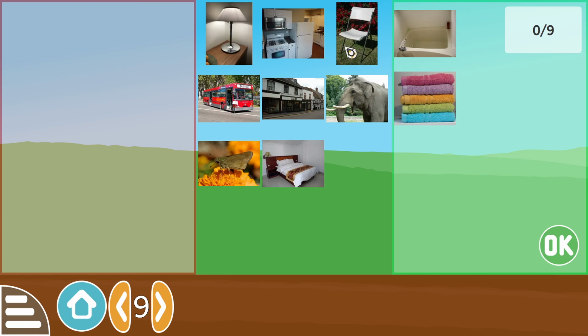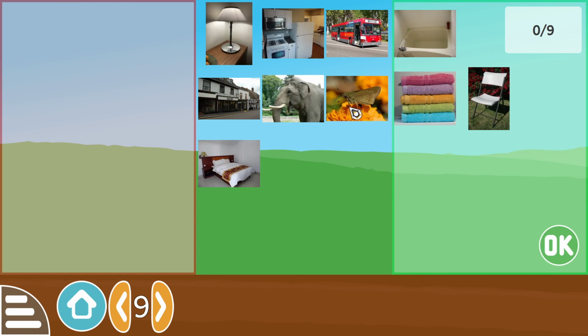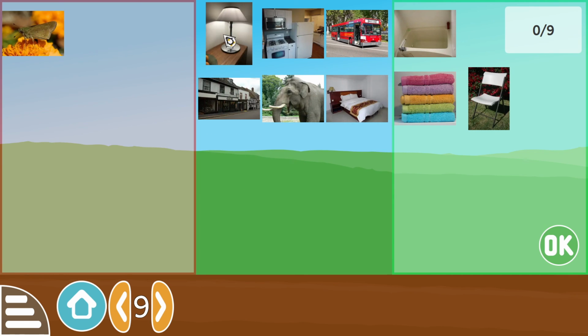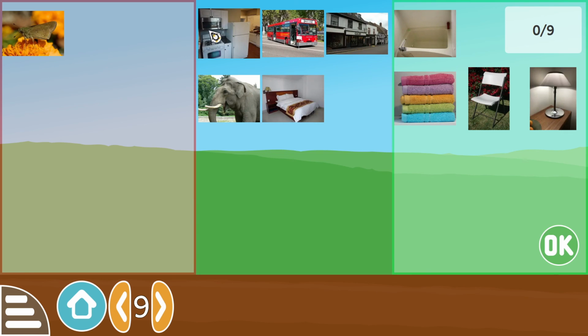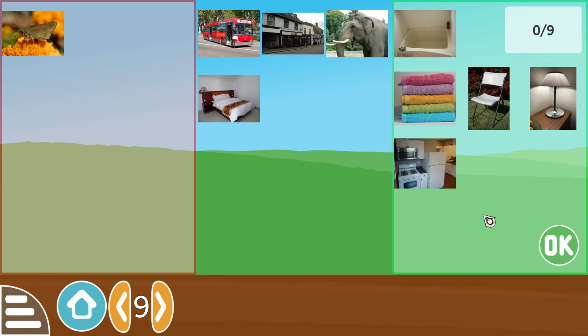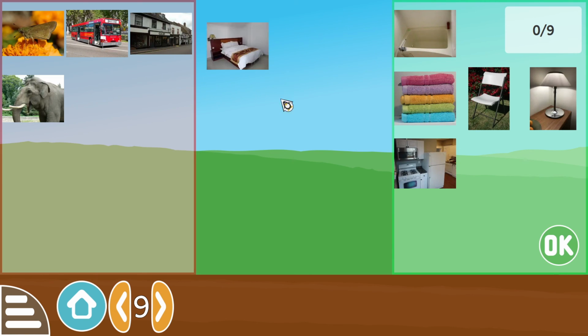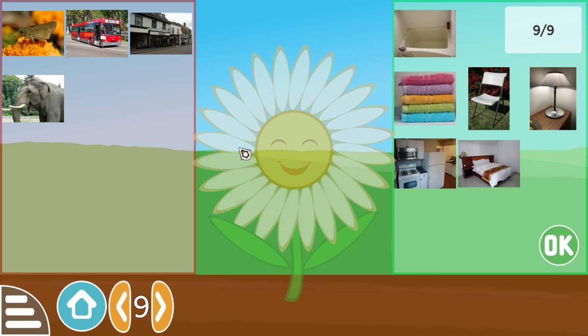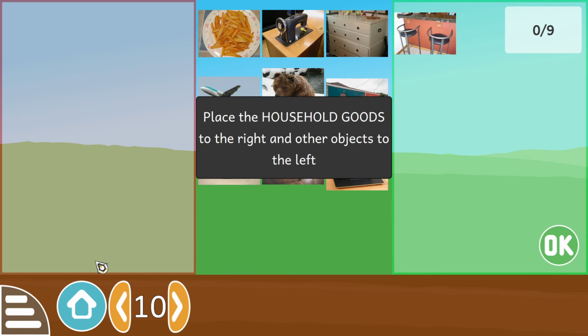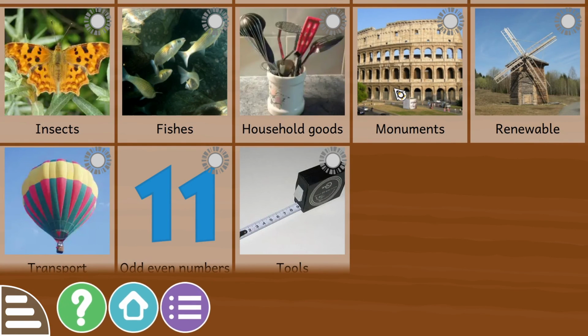Towels, definitely. Folding chair, yes. A moth I wouldn't. A lamp and a stove, microwave, and fridge freezer, definitely. The bus, building, elephant, no, but a bed I'd expect to find in a house. And that brings us to the end of household goods.